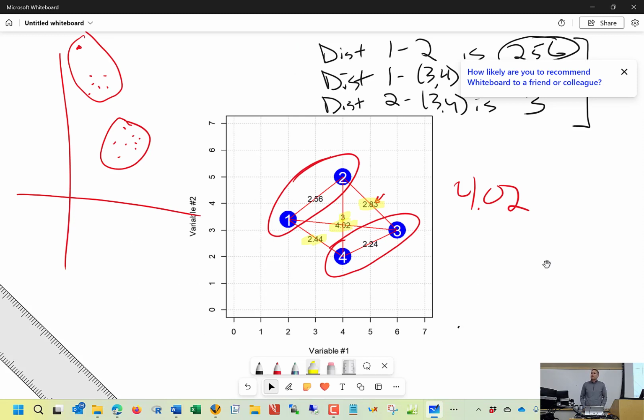So now, how do we decide whether to join them or not to join them? Because the averages, are we going to look at maybe the smallest average or the biggest? It's like two separate clusters.